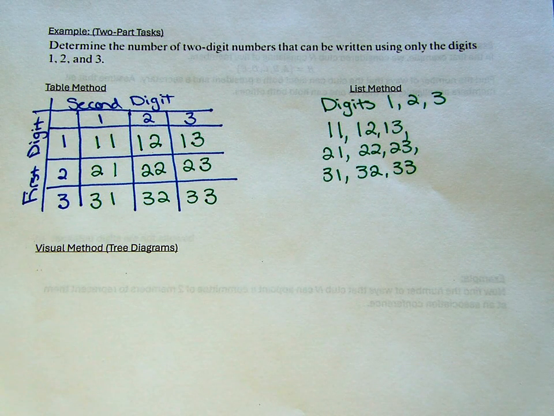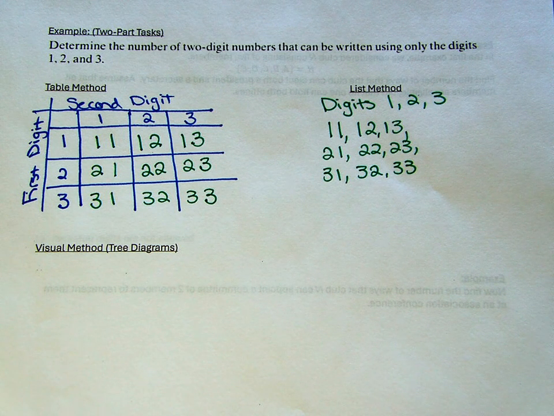The risk with the list is that if you had a larger number of digits or more possibilities, you could accidentally forget one somewhere along the way. And so the table helps you keep it more organized so that if you have an empty box, you know you need to fill that in. Whereas with the list, you may get so many numbers going that you don't really notice that there's something missing.